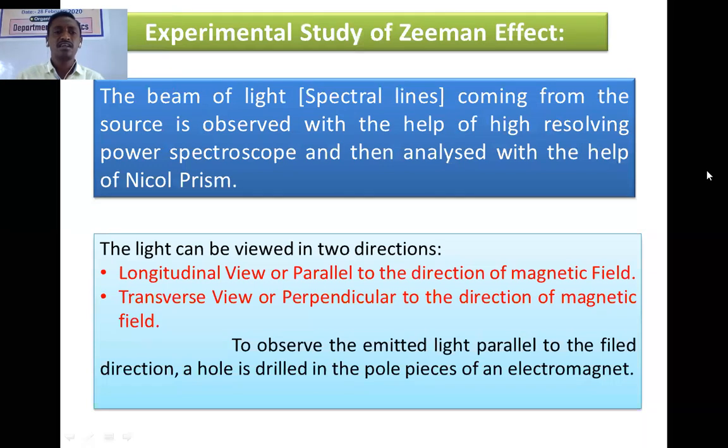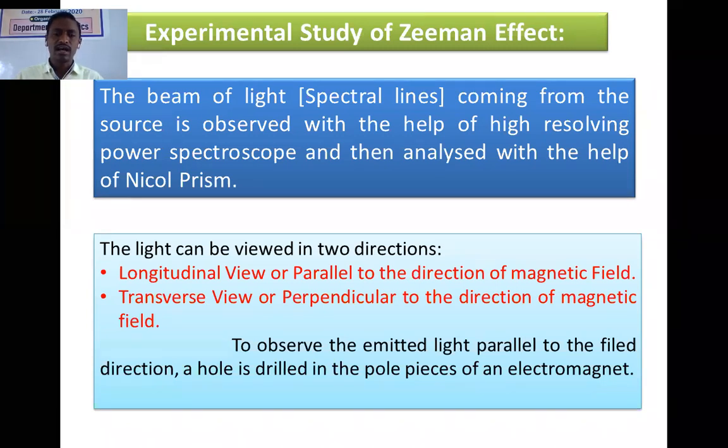Now let us see the experimental study of the Zeeman effect, how the actual splitting of a spectral line is observed. For studying the Zeeman effect, initially we require a particular source of light, such as a sodium vapor lamp or a mercury arc lamp. We know the sodium lamp has two spectral lines, D1 and D2.